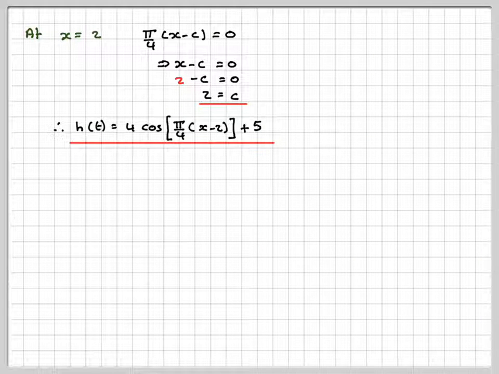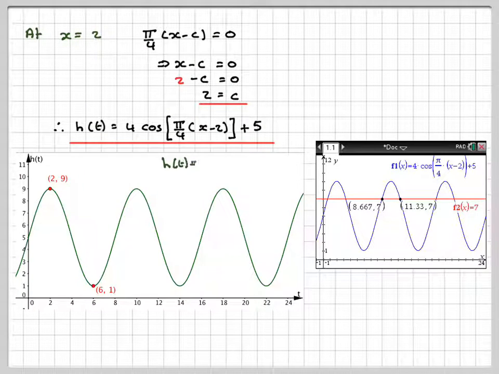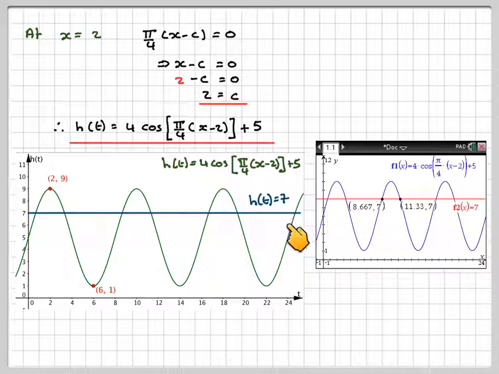On our exam script, there's a screenshot. We should draw the graph. I cheated a little bit here because I've already drawn the graph. So this is the equation of the graph. Mark on h of t is equal to 7. We were interested in the second period, which was here, which gave me 8.667 hours and 11.33 hours.